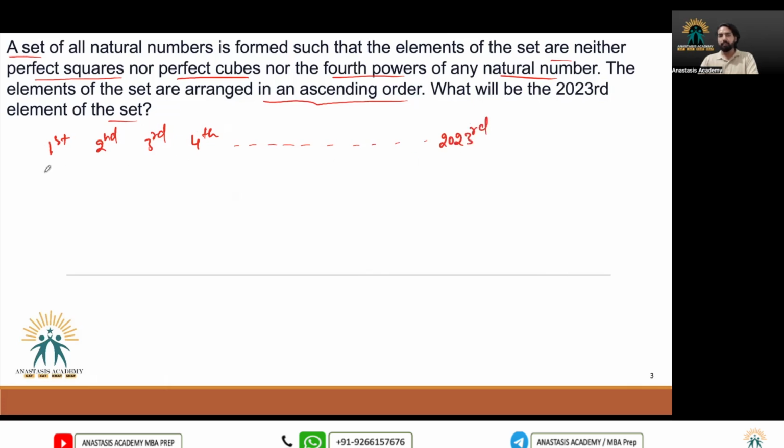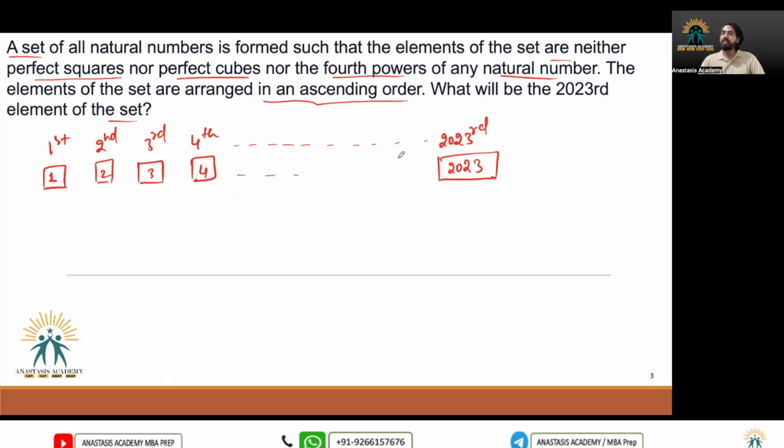If I write all the natural numbers from 1 till 2023, the first position is occupied by 1, the second by 2, the third by 3, the fourth by 4, and on the 2023rd position I have the number 2023.